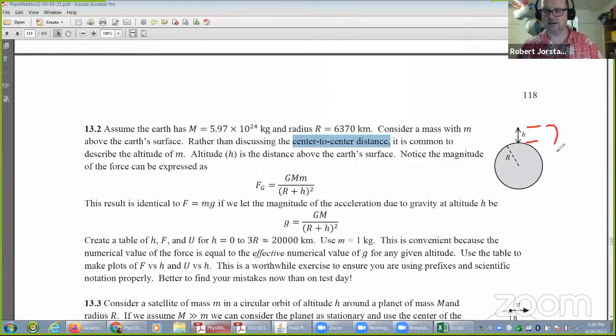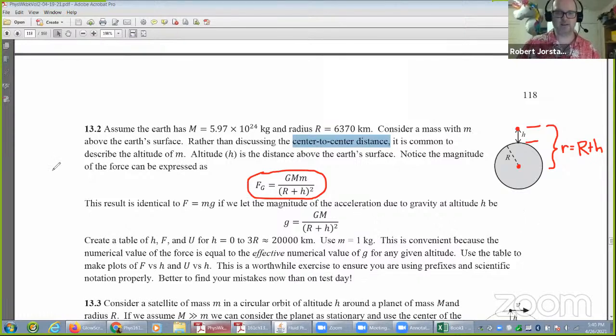The distance here that we have been calling r, that's the distance between this mass center and this mass center, is actually oftentimes switched to the radius of the planet plus the altitude, h. So it's common to rewrite these things in terms of the altitude. That makes the equation look a little bit uglier.